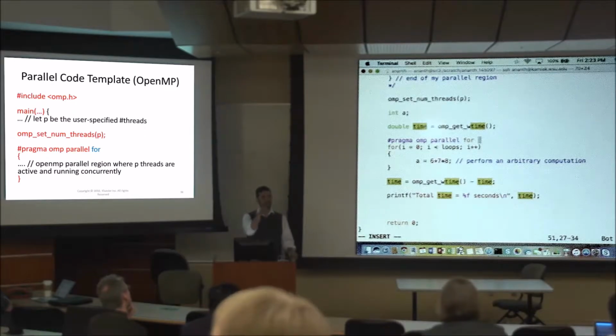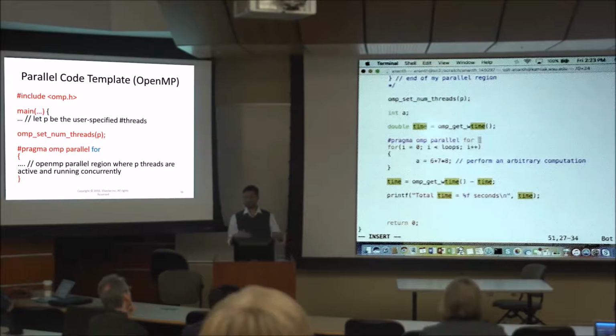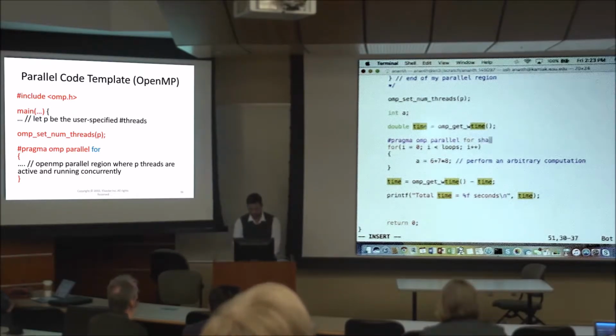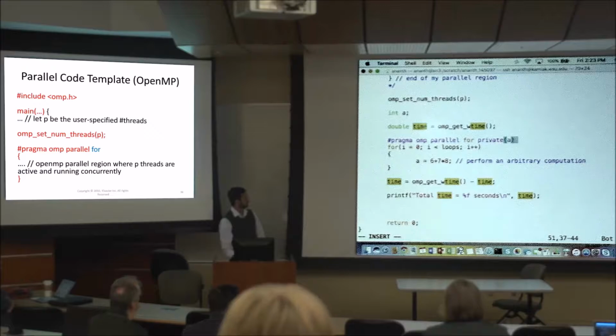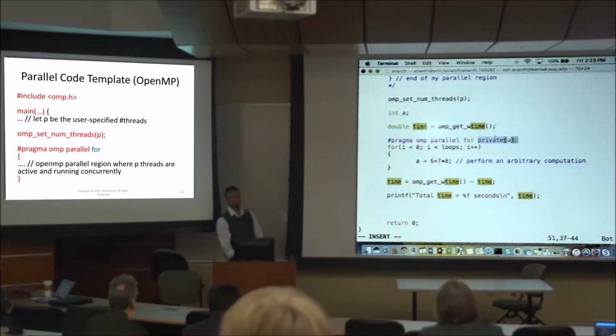So your a and my a are two different a's. Then we don't have to look for the same memory location. I'll specify that by saying private(a) after the for, saying here comes a for loop, and inside that for loop I am using this variable a with private scope.